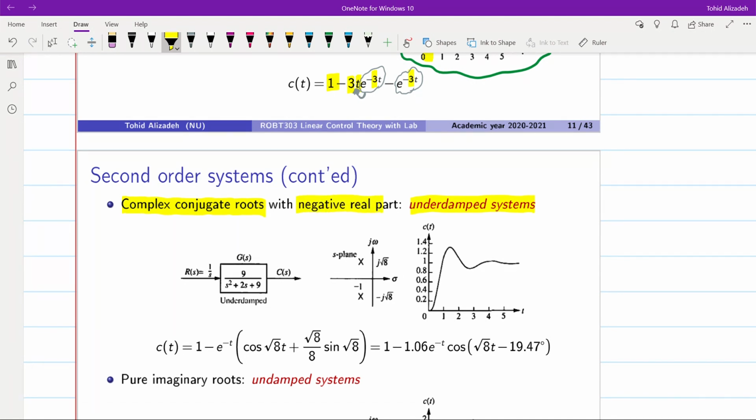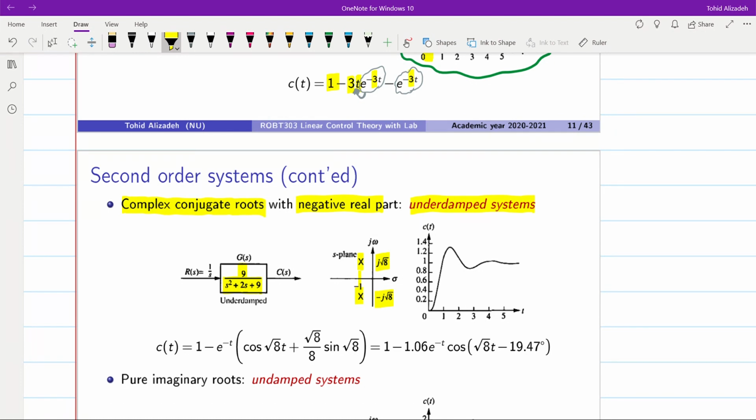You can see as an example here that we have two poles. The real value that they have is equal to minus 1, and in terms of the imaginary value, one is plus j square root of 8 and the other one is minus j square root of 8. And the transfer function is 9 over s squared plus 2s plus 9.